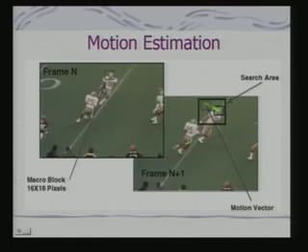What is the problem of motion estimation? Say, this is a frame n and this is a frame n plus 1. Now, actually if you see, this part of the picture has moved almost in an unchanged fashion to this part.